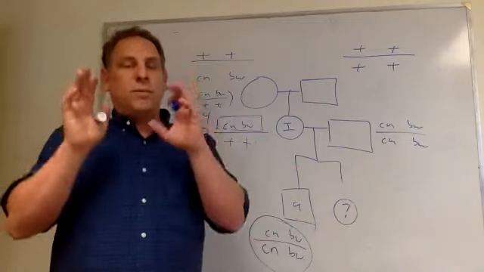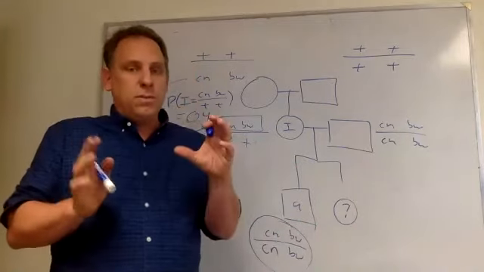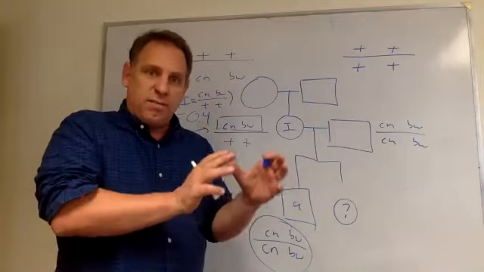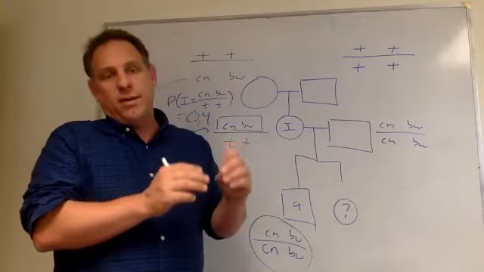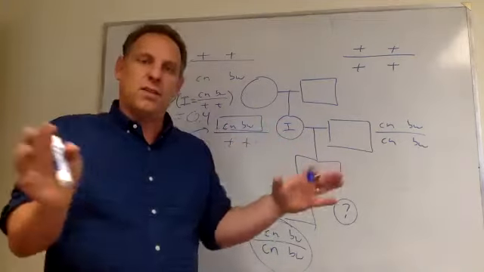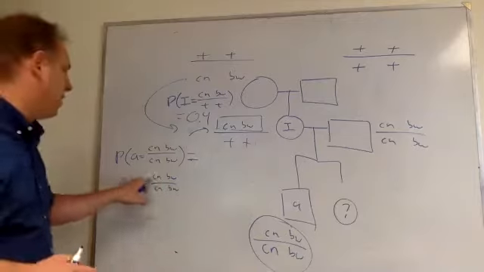The probability of A is equal to the probability of A given B times the probability of B, plus the probability of A given not B times the probability of not B. That's the law of total probability, but I'm going to break that out here.